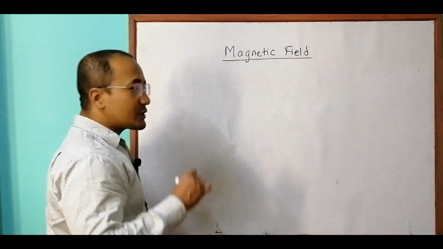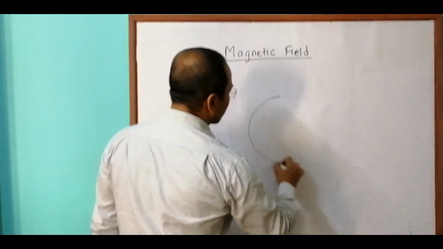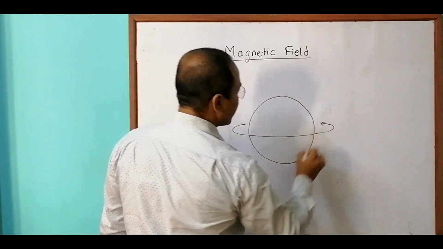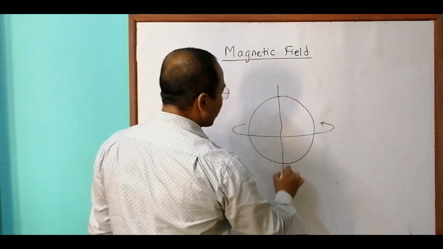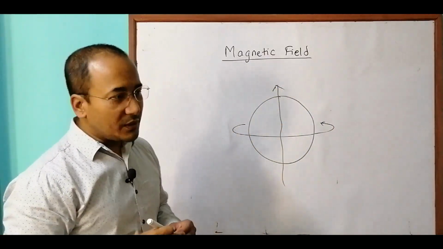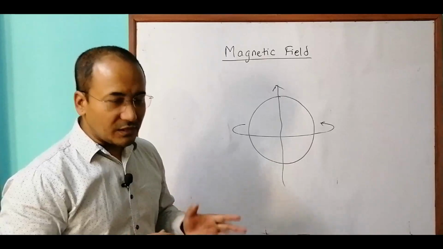Now, let's go through something about Earth. This is Earth. Earth rotates around its axis, and there is some sort of magnetic field here in this direction. Is it because of iron or nickel or something like that?